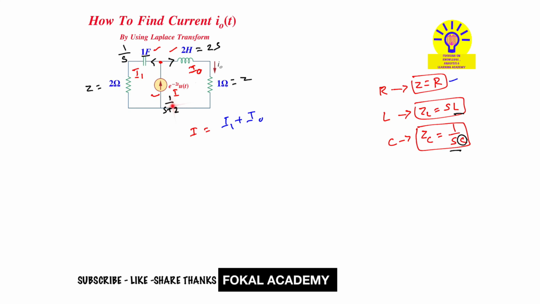I is 1 by s plus 2 in the frequency domain, that equals I1 plus I0. Now what is I1? At this point, let's consider there is a voltage V0. According to Ohm's law, V by Z equals current I. So here V0 by the impedance of this branch.